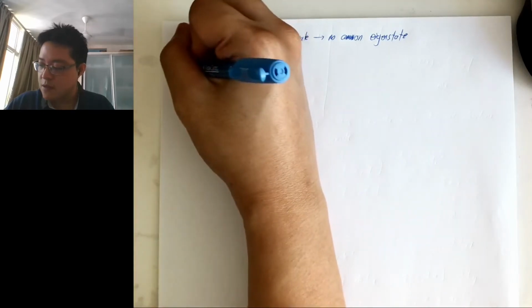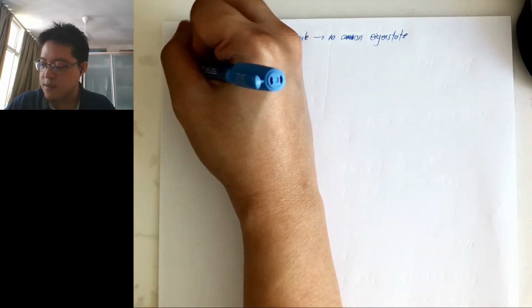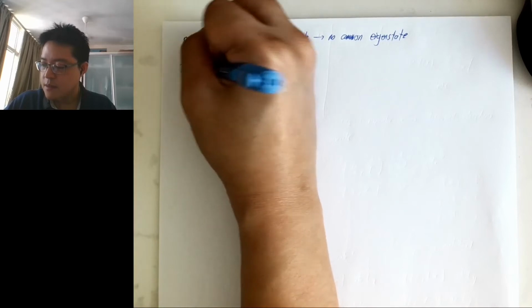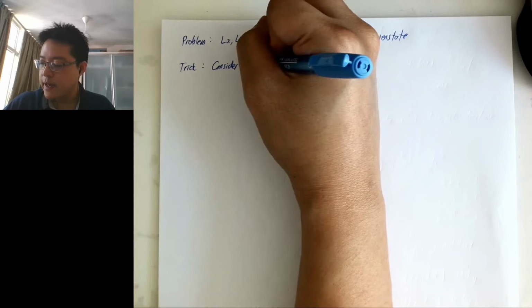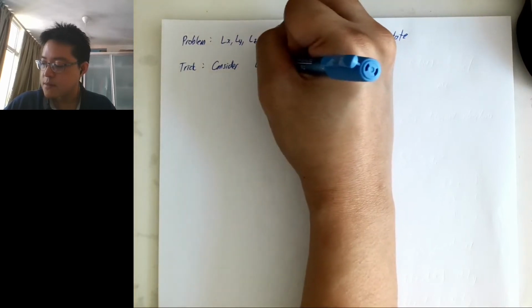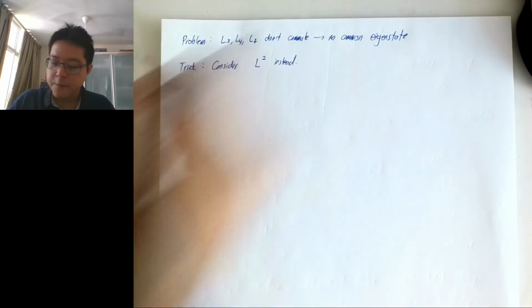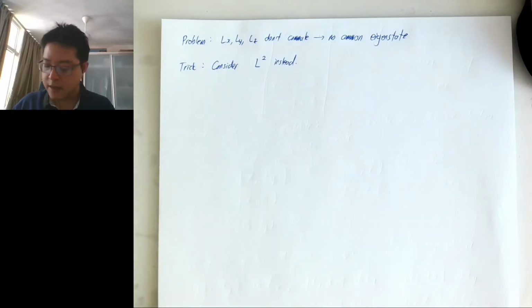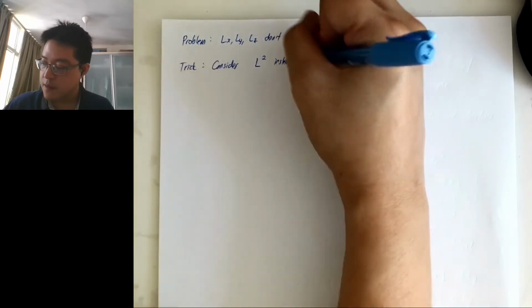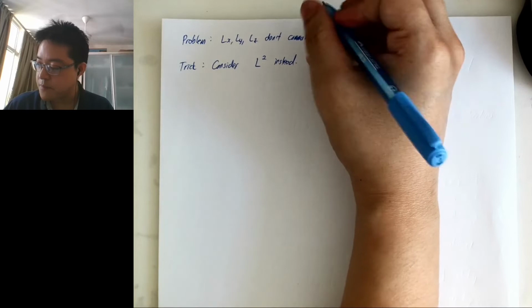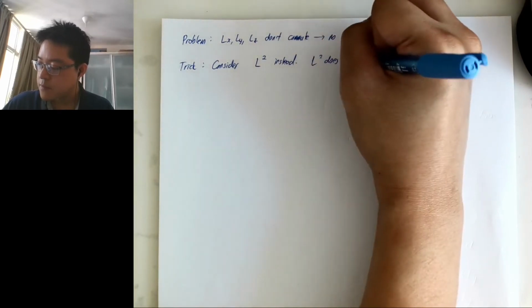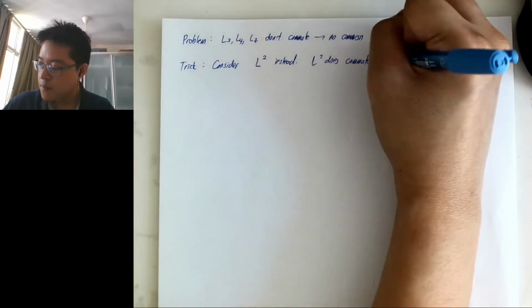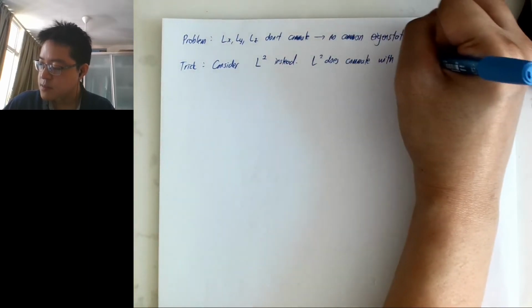So the solution, the trick, is to consider L square instead. And the reason is because L square does commute with its components.